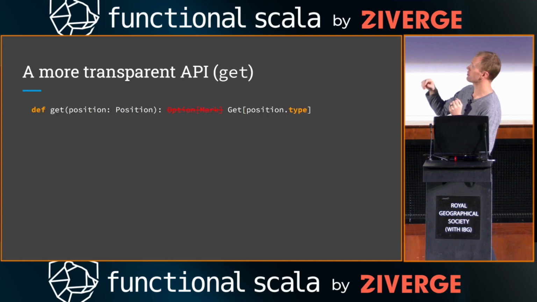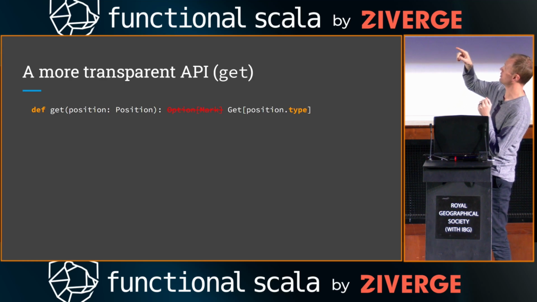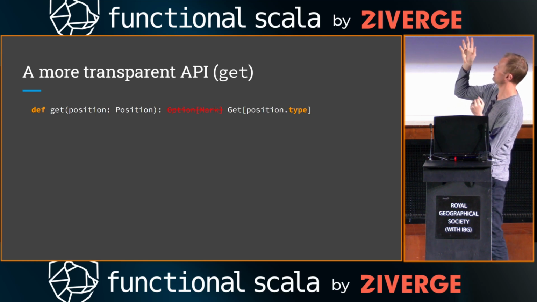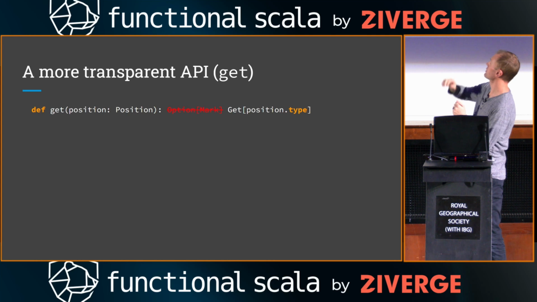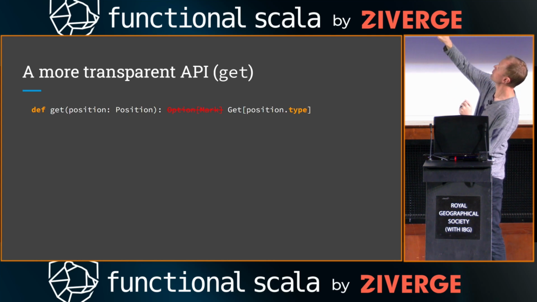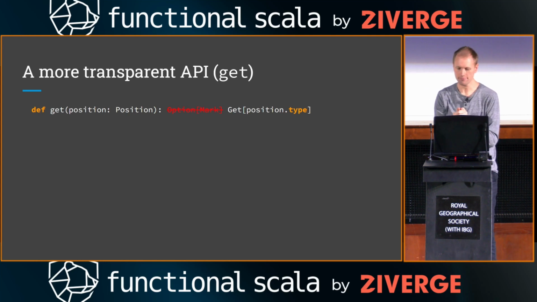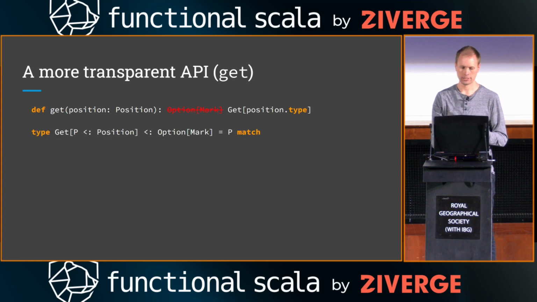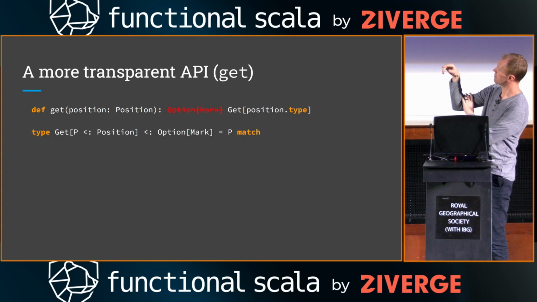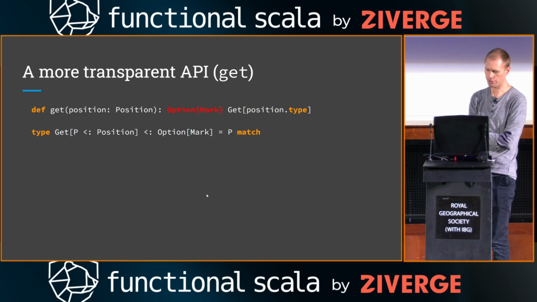And so we used to pass in a position, and then we got back an option mark out. But let's return instead something that's a get position.type. What is that, though? So a type of get, it is an option mark, but we can be more specific than that.